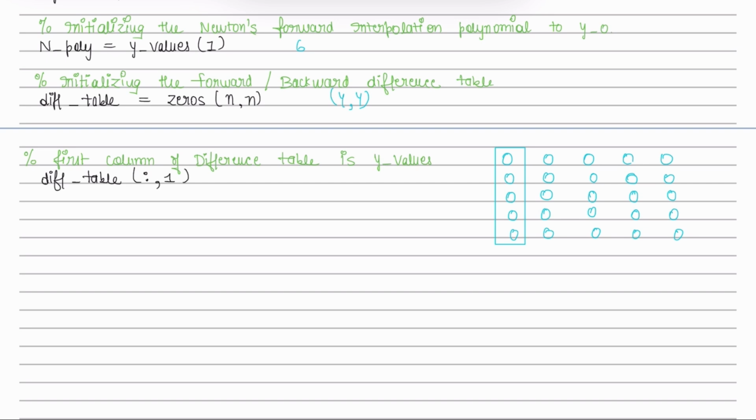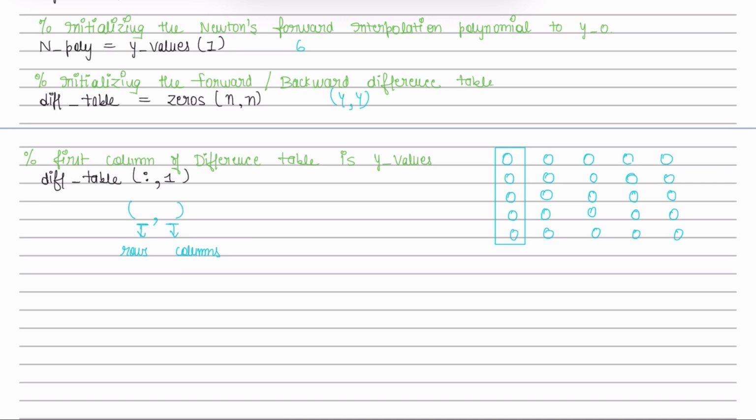Let us understand this index first of all. Whenever we have a two-tuple, the first entry is always about the rows and the second entry is always about the columns.